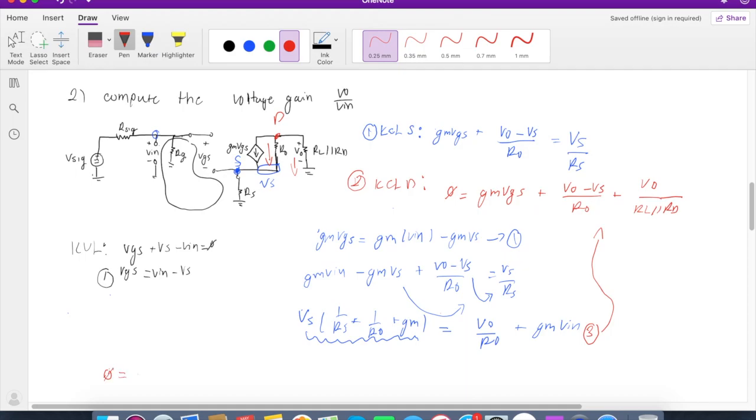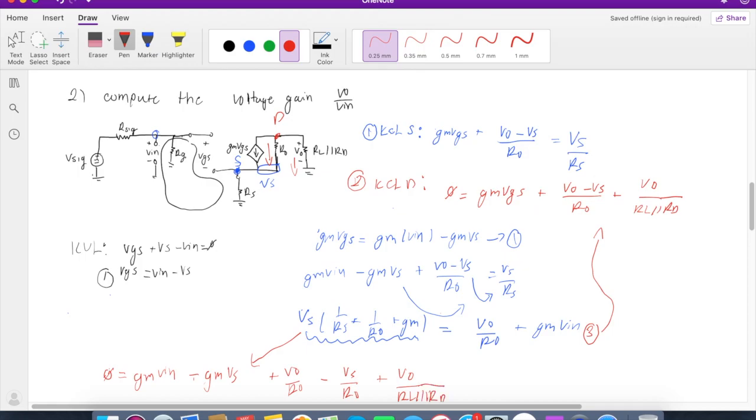0 equals gm Vin minus gm Vs, which we'll plug into here, plus Vout over Rout minus Vs over Rout plus Vout over RL in parallel with RD.